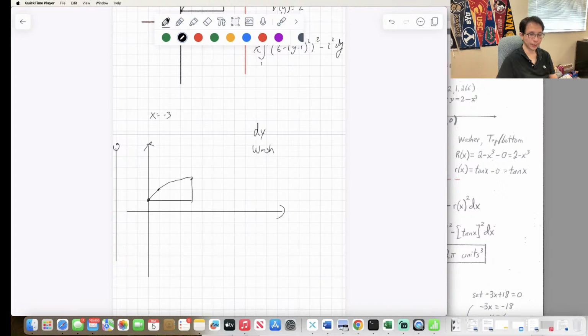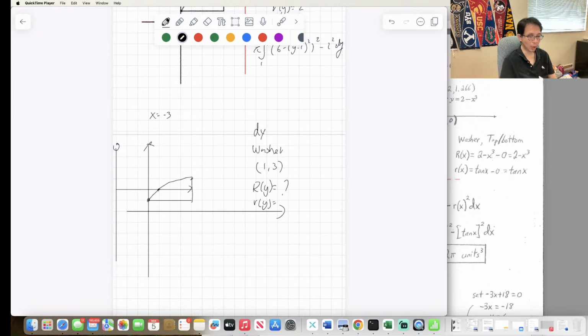Washer. The boundary is what? 1 to 3. Okay, so those are the three determinations. So what is big R of y here, and what is small r of y here? The big R of y is always 7 because it's all the way from here to here.